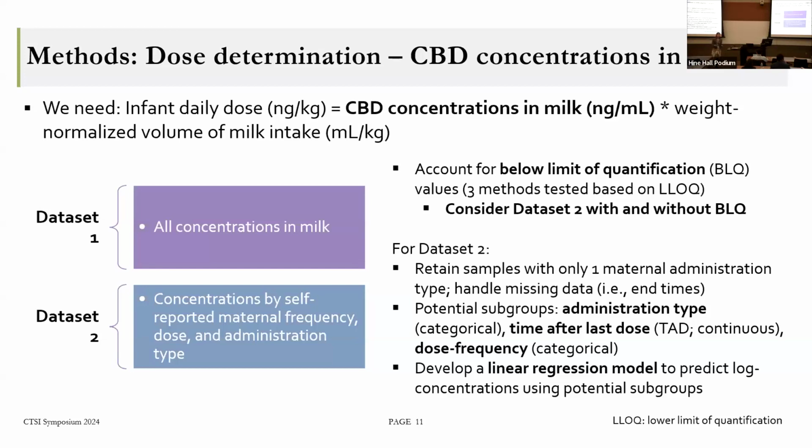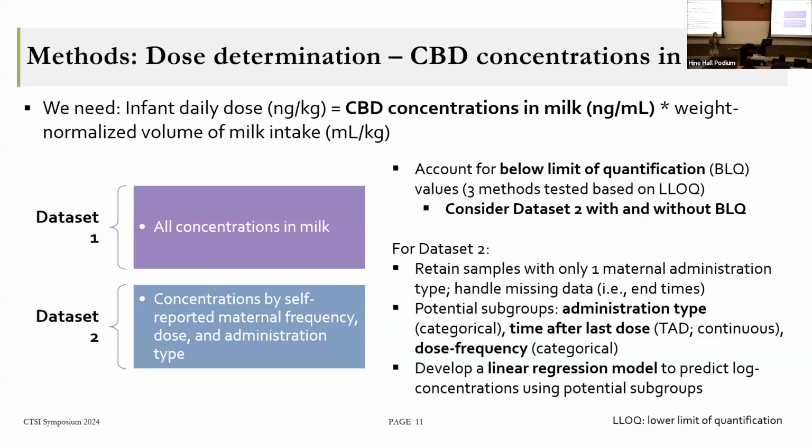Data set 2 looked more at defining those subgroups that I mentioned. In order to do that, we did a couple of things. One is we had to limit the sample to only samples with one single administration type. If a mom was taking, like, a blunt and an edible, or any other combination, we excluded that sample.